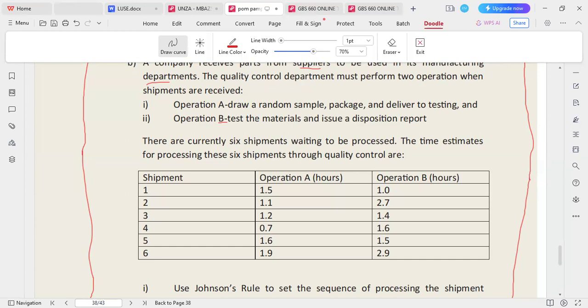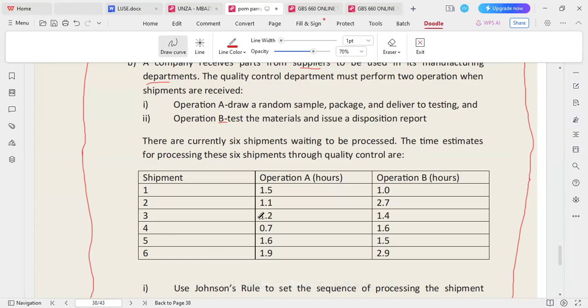All right, so for these 6 jobs, the shortest processing time is 0.7.